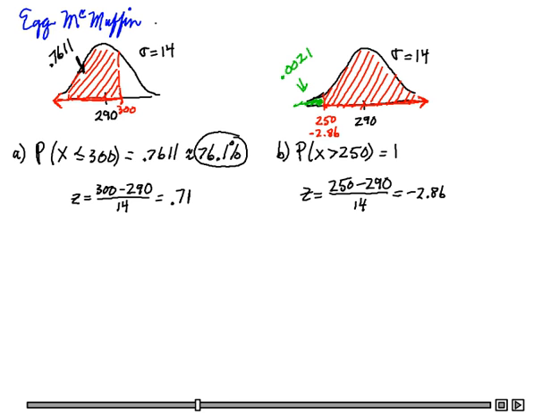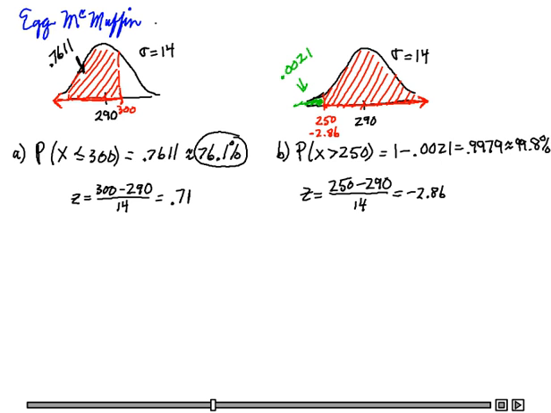So all I have to do is take 1, subtract 0.0021, and I get 0.9979, or approximately 99.8%. So what's the probability that a serving will be in excess of 250 calories? Well, 99.8% probability of that happening.